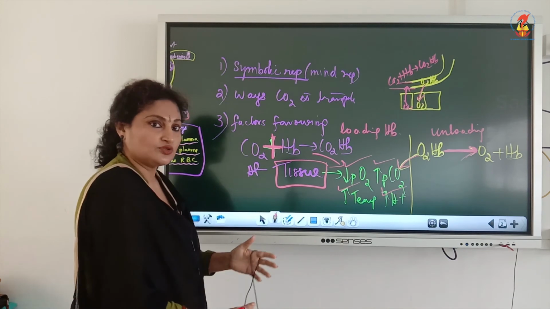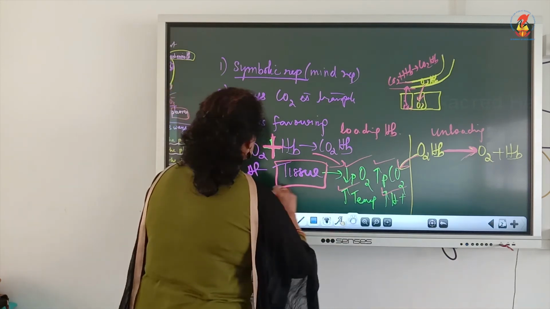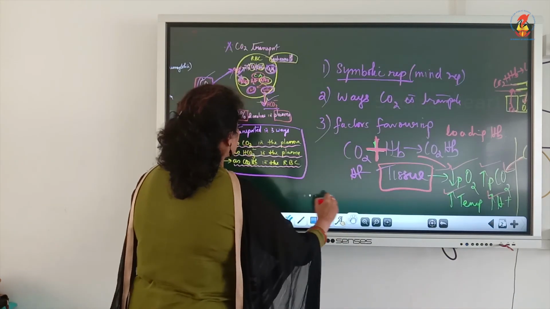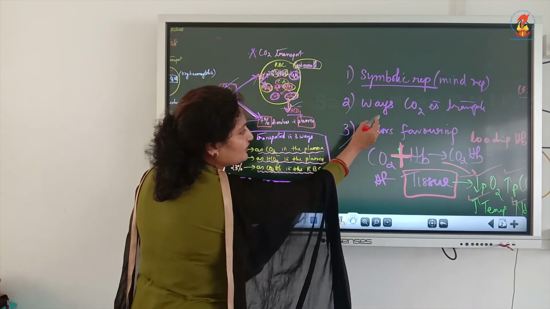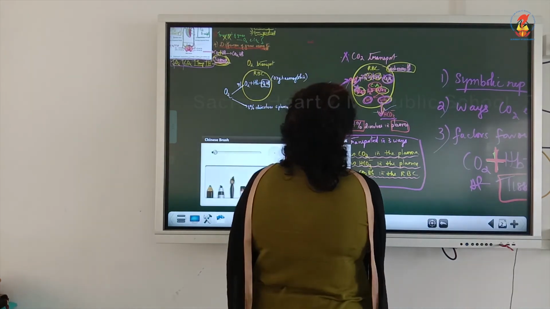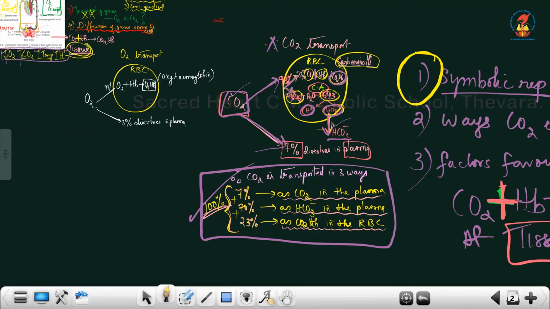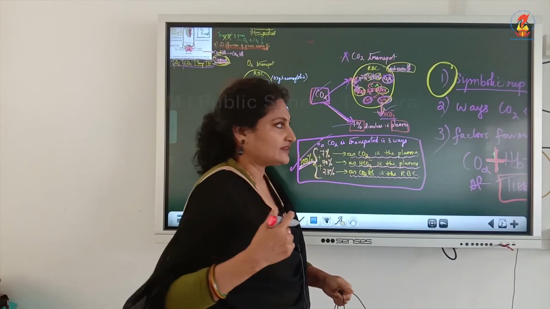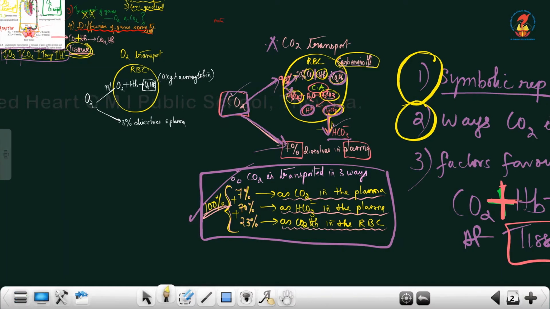Now moving on to oxygen. I left it halfway, oxygen. So we will follow the same format. See the format given here, I am going to follow the same for oxygen transport. The first is a symbolic mind map for you to get the events correct. Second, you conclude the different ways by which the particular gas is transported.